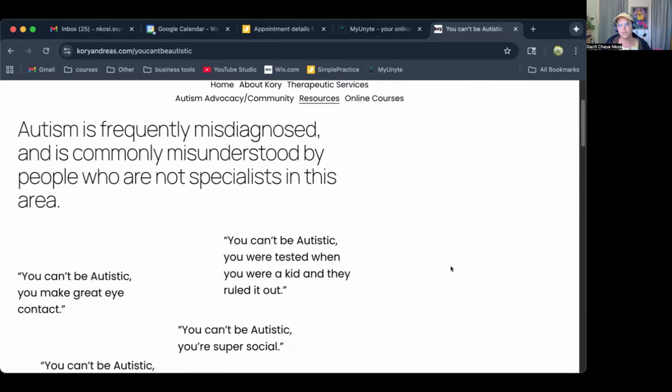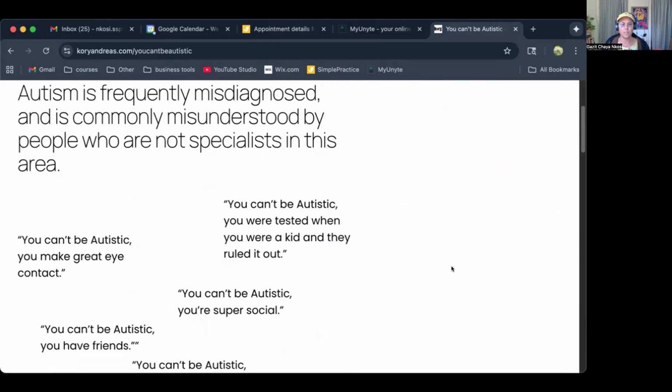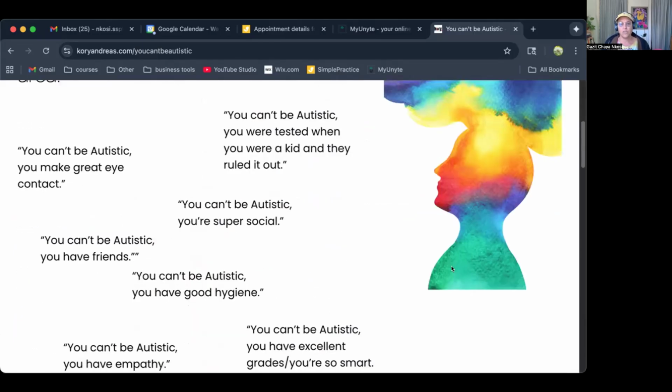So, autism is frequently misdiagnosed, as we said, especially for those folks who are assigned female at birth. All of the autism research was done on more affluent white cis males, I'll say.